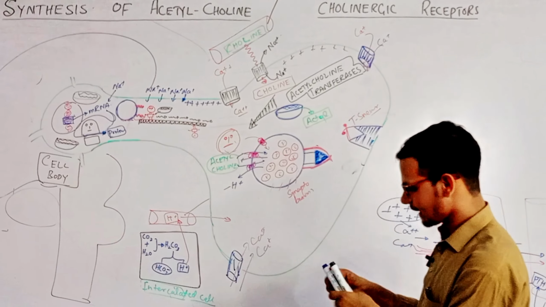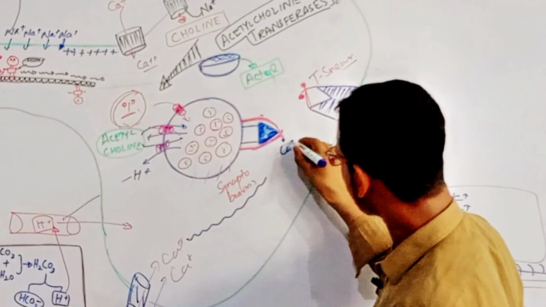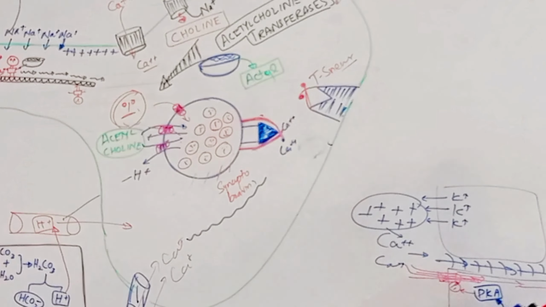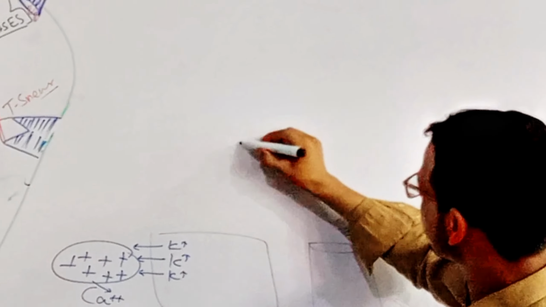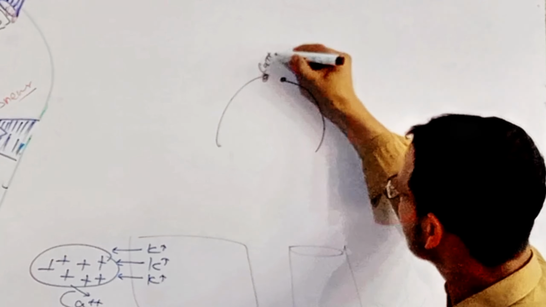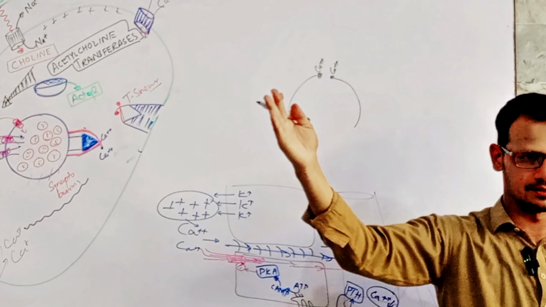When this calcium goes and attaches to this snare and also attaches to this snare, right? So for example, if we have these two proteins and here is also positive charge, here also positive charge, it will repel each other, right?